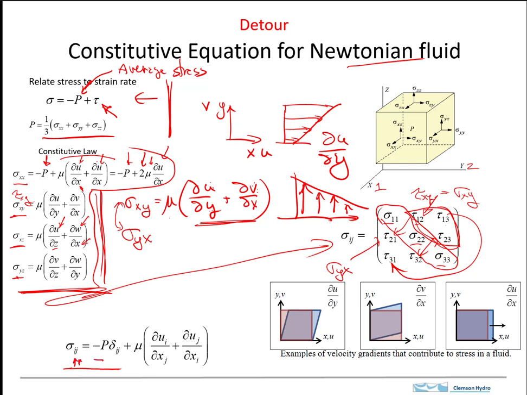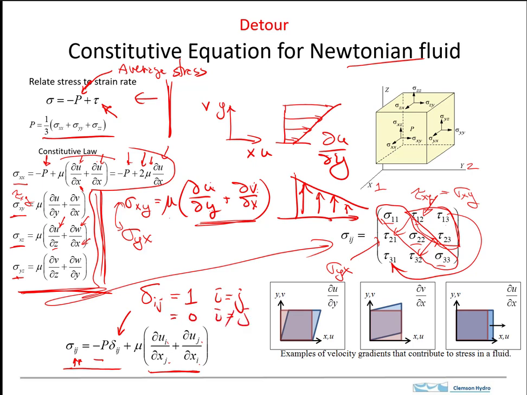There's the pressure, and then here are these different gradients where we can substitute in the i and j and the j and i. This also uses the Kronecker delta, which equals 1 when i equals j, and equals 0 when i does not equal j.